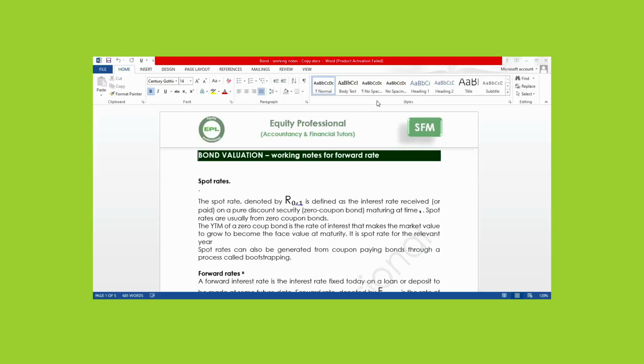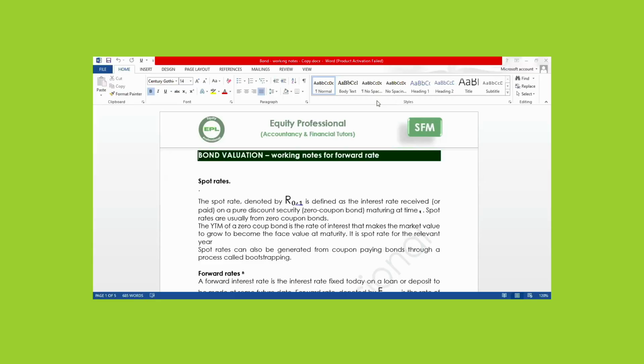We were given government spot rates, and this rate was adjusted by the credit spread of a corporate company. We then obtained corporate company spot rates, and this spot rate was used to calculate the value of the bond. You can also use forward rates to value a bond.